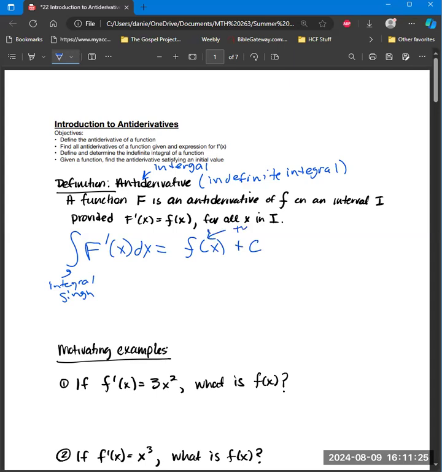This here is the antiderivative that we're looking for. If you would differentiate this function, you would get f prime of x, which is why I don't understand why this isn't a capital F over here. It should be. So I'm just going to write it that way. This is capital F. If I differentiate this function, I get what's inside here, like that.